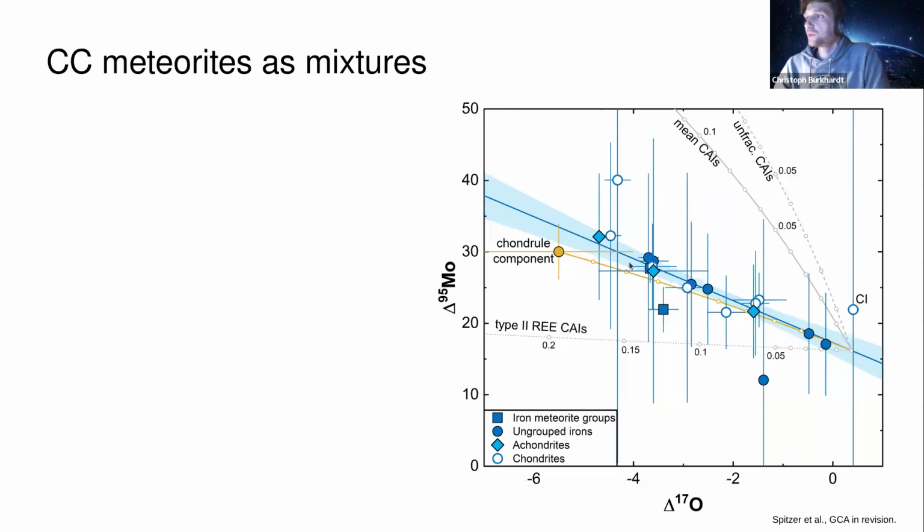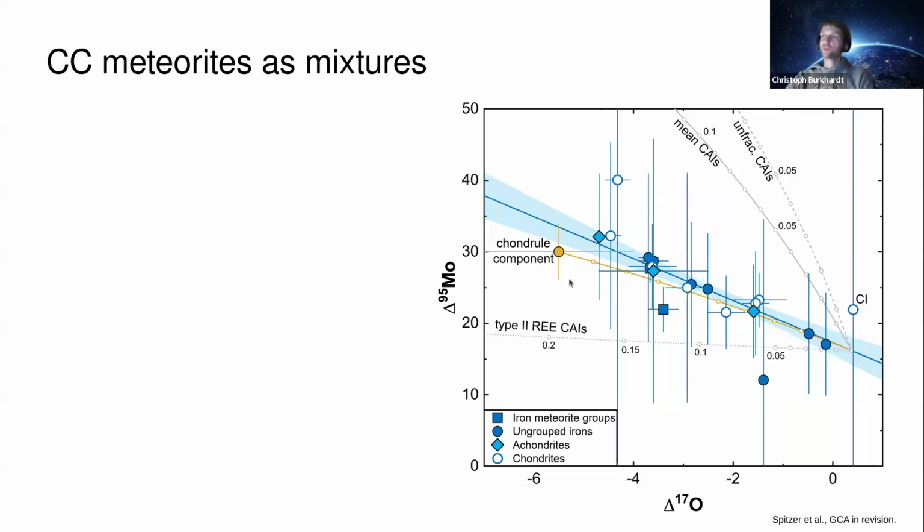And then when we do this, we see that this variation in cap delta 95, so the deviation from the CC line in this plot, correlates with cap delta 17O again. And on this correlation line, there are grouped iron meteorites, ungrouped iron meteorites, achondrites, and CC chondrites. And again, we can explain this correlation by different amounts of mixing of chondrules, CI-like matrix, and CAIs.